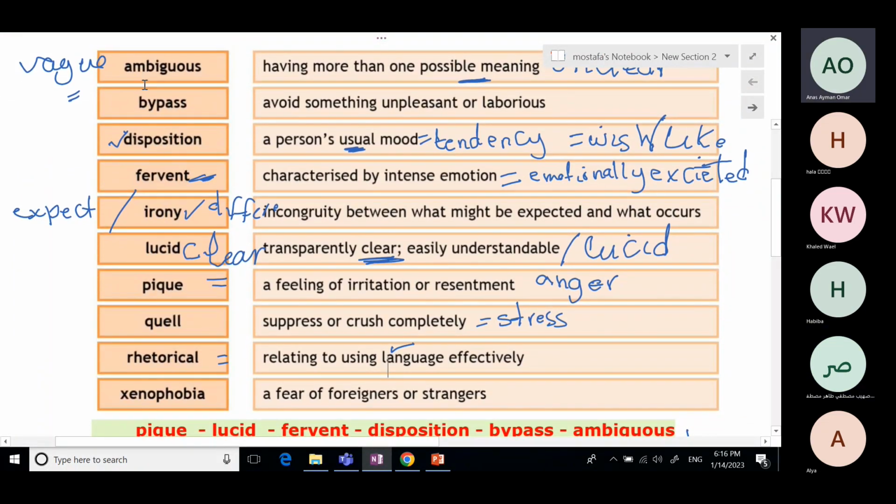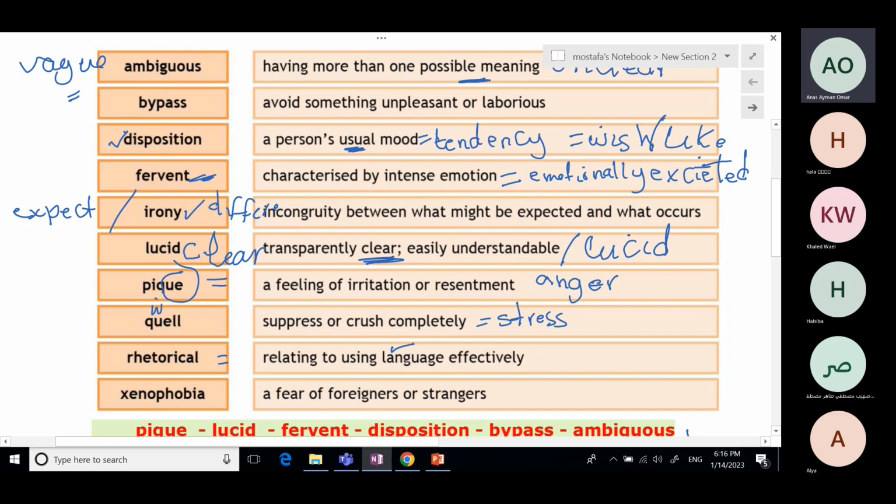Uh, This. ambiguous, bypass, Mm, bypass, uh, disposition, mhm, fervent, irony, yes. isis, Lucid. lucid, lucid, liquid, Peak. pickle, Peak. peak, gel, Well. what? Well. Wow. Okay.